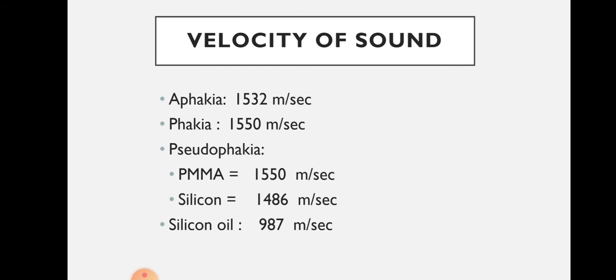In pseudophakia, two types of IOL material are used, PMMA or silicone IOL. In PMMA the velocity of ultrasound is 1550, and in silicone it is 1486. And lastly, if the patient has silicone oil injected in the eye to repair a retinal detachment, then the velocity should be set at 987 meters per second.